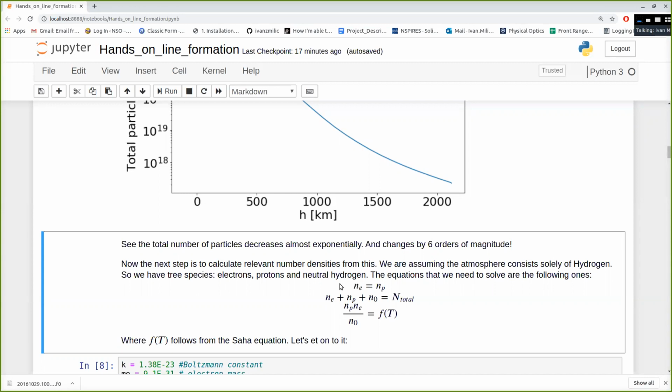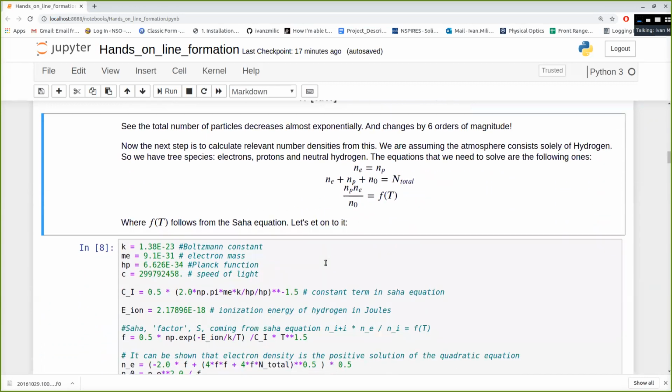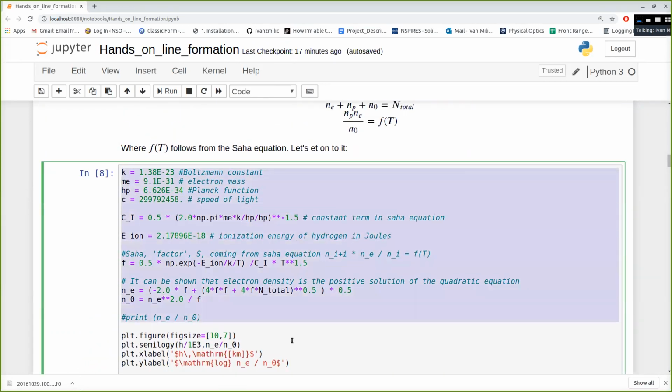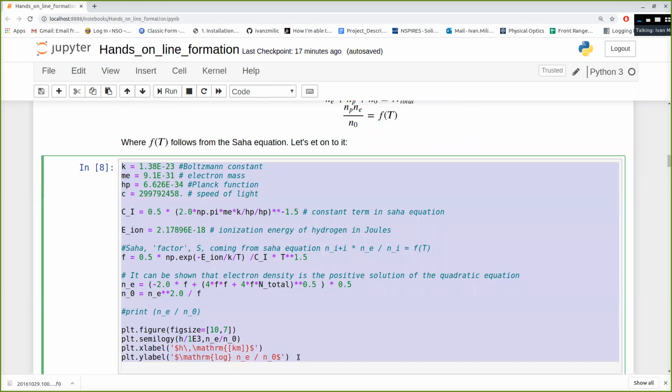And I will let you derive and solve this nonlinear problem. You will see that it's basically a second order equation, so a quadratic equation. Of course, we only take the positive solution. And here in this chunk of code, I'm solving for that. So I introduce some constants here: Planck constant, Boltzmann constant, electron mass, speed of light, and so on.